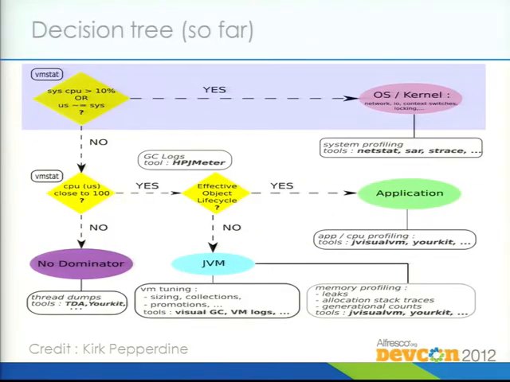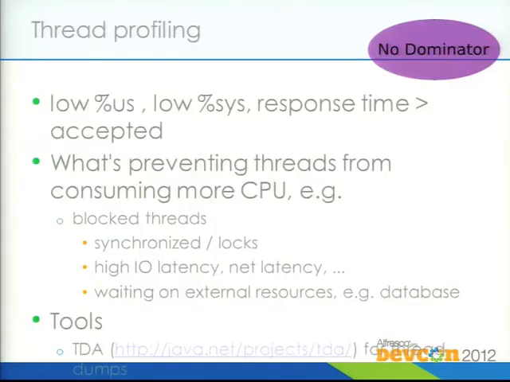So we've talked about this first section. The next section we're going to talk about is the case where you actually have little CPU usage, which is what I call no dominator. In that case, what you want to do is some thread profiling. That is the case where you have low user time, low system time, and still response times that are worse than you would want them to be.